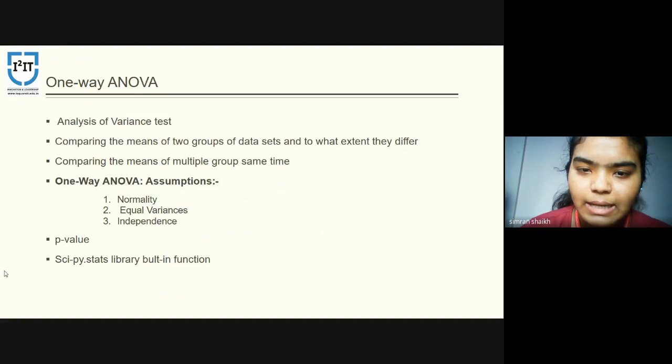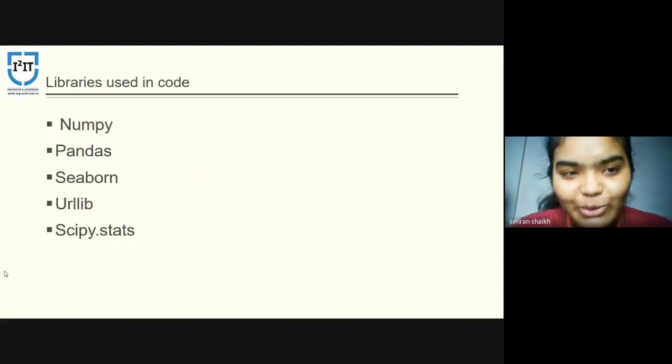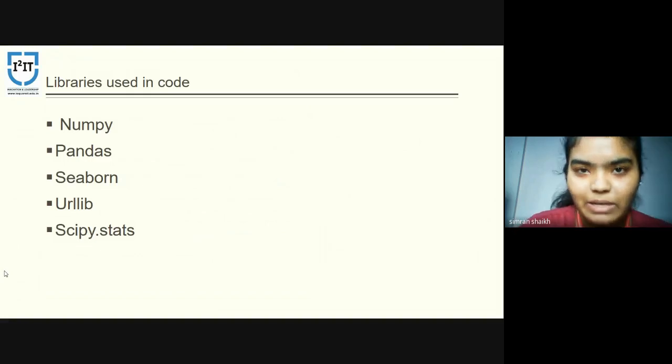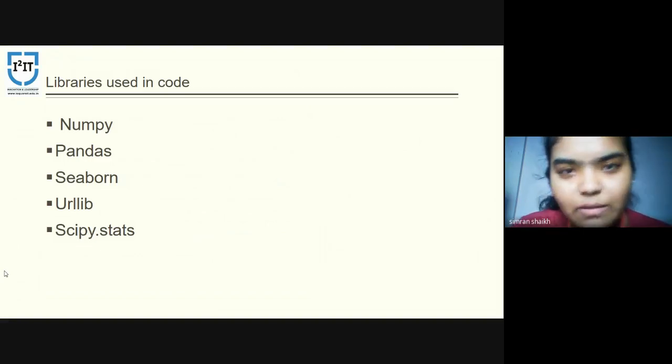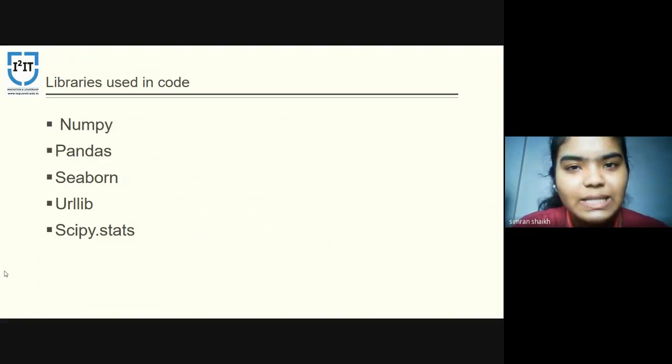Before going again into the code, I would like you to know which libraries we are using and for what reason. NumPy, Pandas, and Matplotlib are the more basic libraries that everyone knows, and we use them in almost every code for data analysis or machine learning.